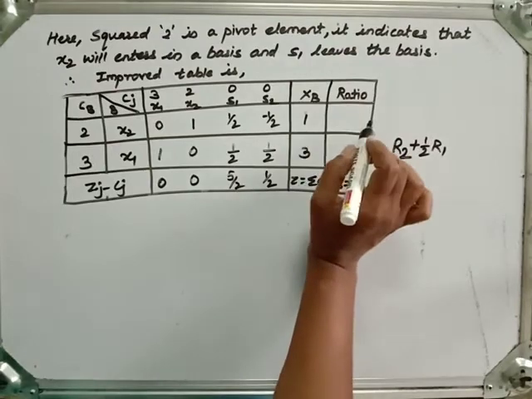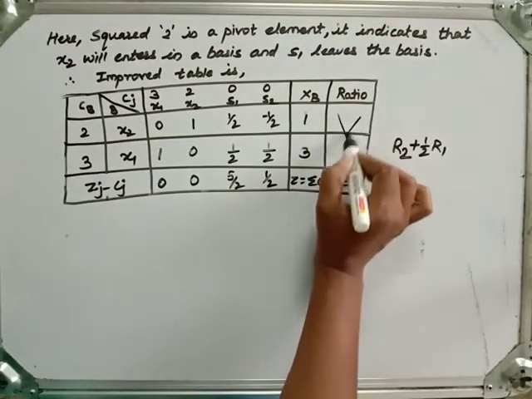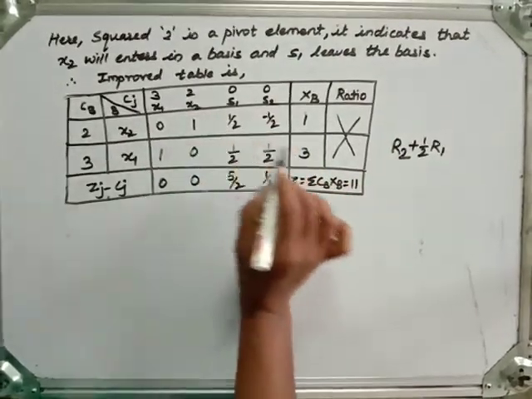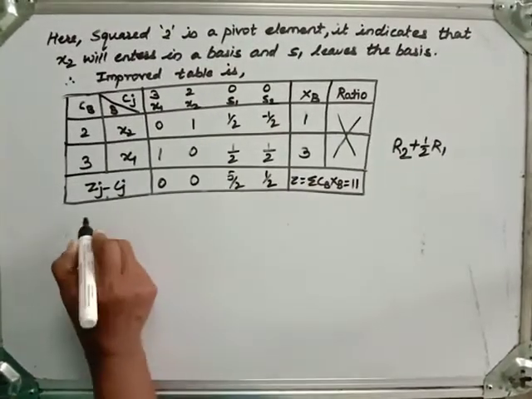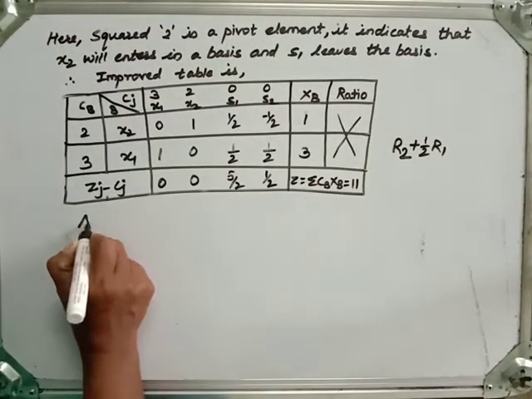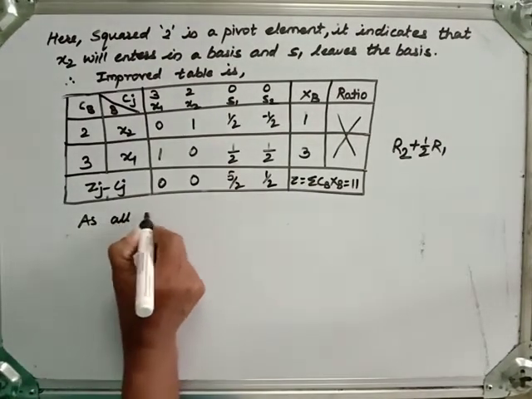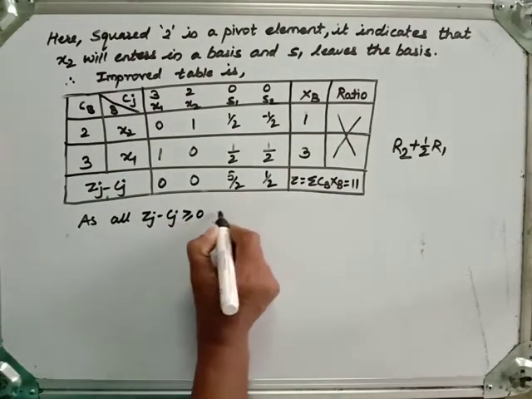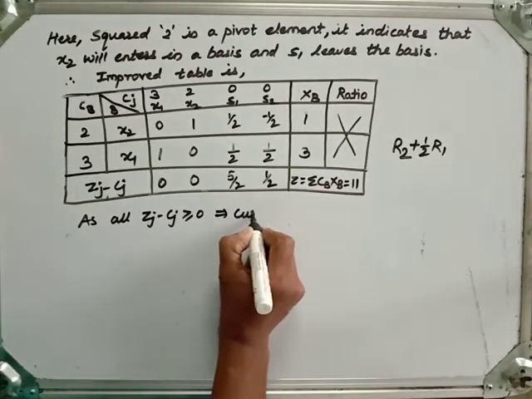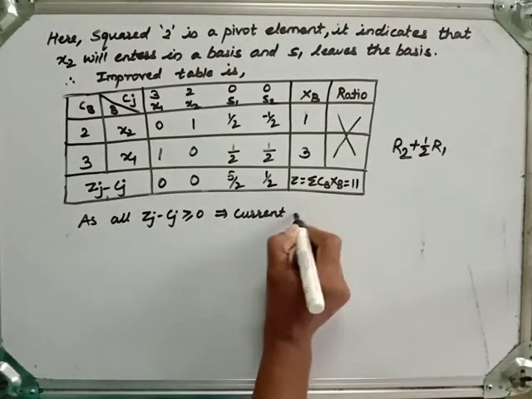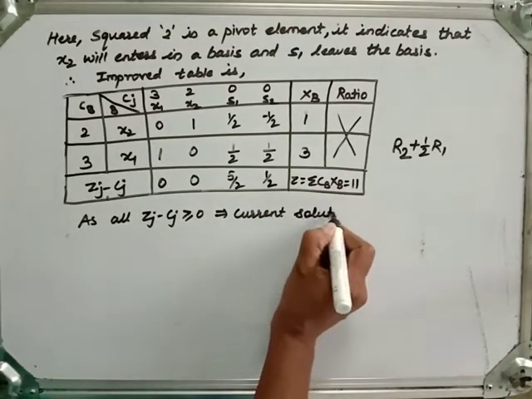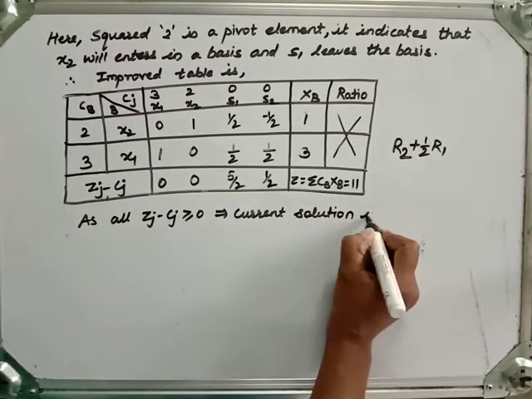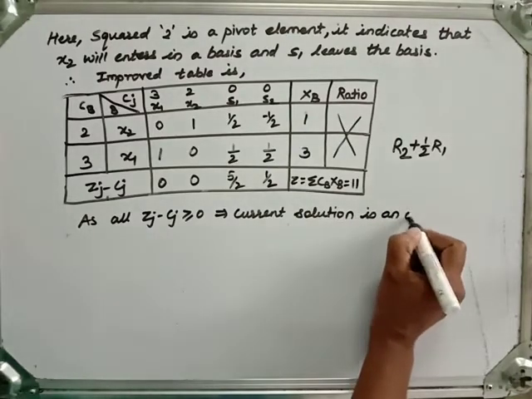Now no need to find the ratio, as we don't want to go for next table because this is an optimal solution. Now here, as all Zj minus Cj are greater equal 0, implies current solution is an optimal solution.